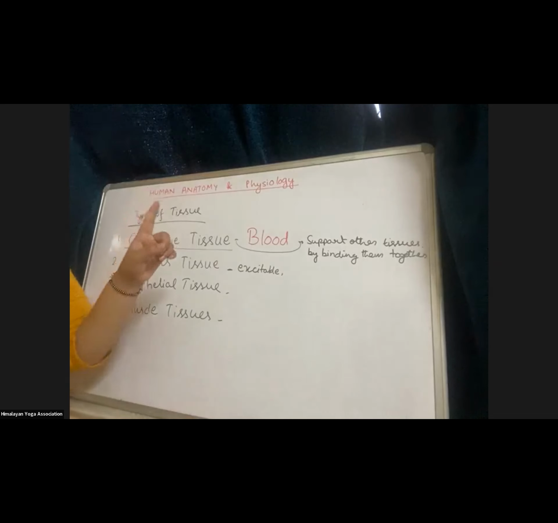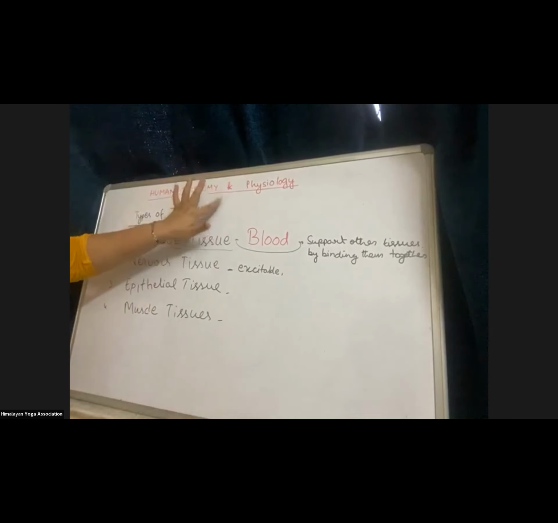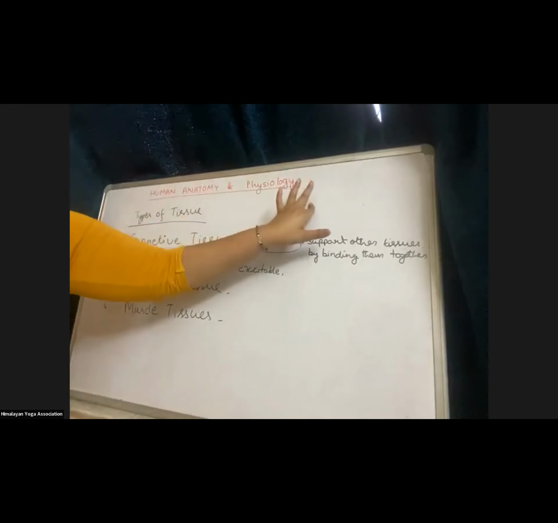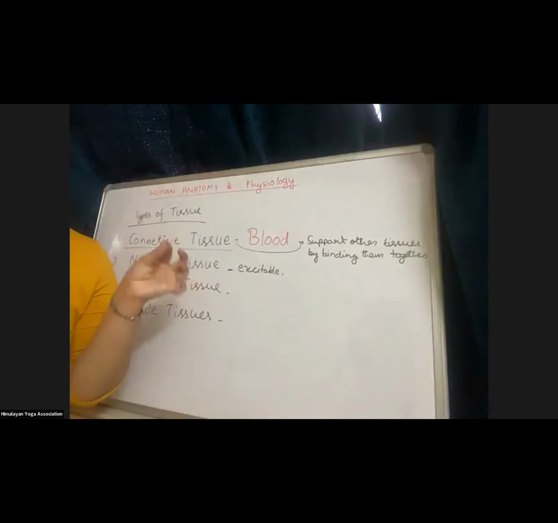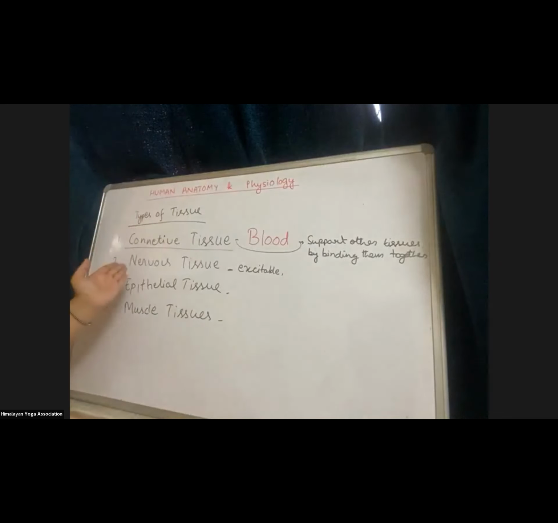Suppose I touch this board and I feel that this is something hard and flat. If I don't look at it, my skin is receiving some information, and that information reaches my brain. How that information reaches my brain is through nervous tissues. These tissues allow those electrochemical signals to pass.